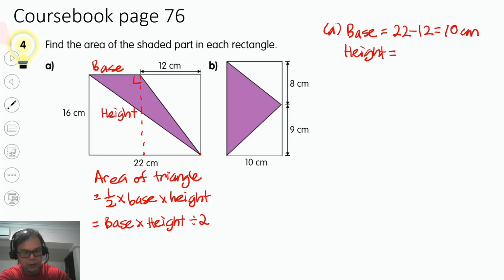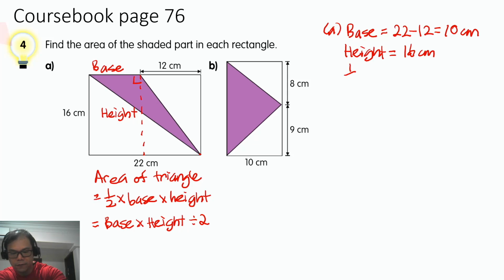This is perpendicular to the base, and the width of the rectangle is also perpendicular to this side. So the height of the triangle will be the width of the rectangle, which is 16 centimeters. Now we know the base and the height, we can proceed to find the area of the triangle for part A.